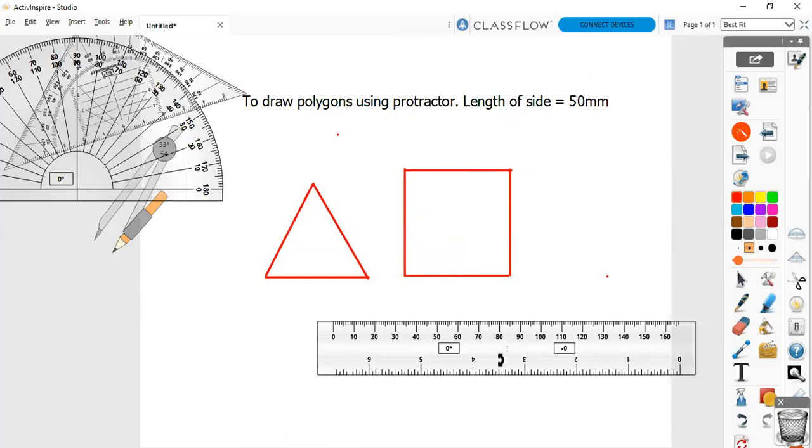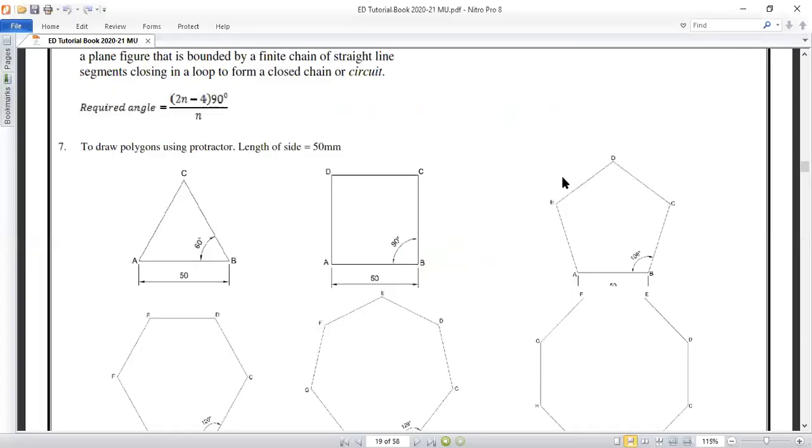Now the next one we should have is, for example, 5 sides, which we can generally consider as a pentagon. This is a triangle. This is a square, and this has 5 sides, so you can consider this as a pentagon.